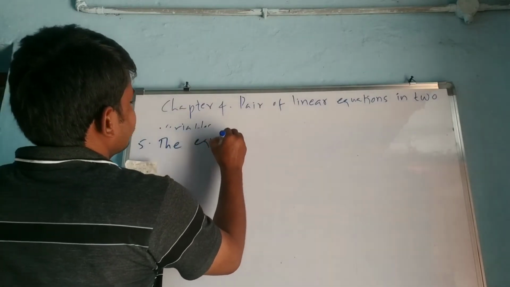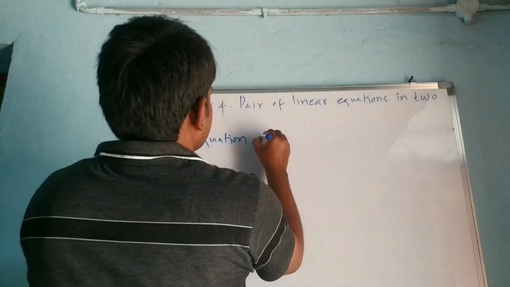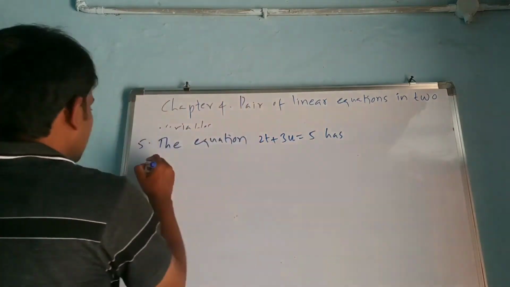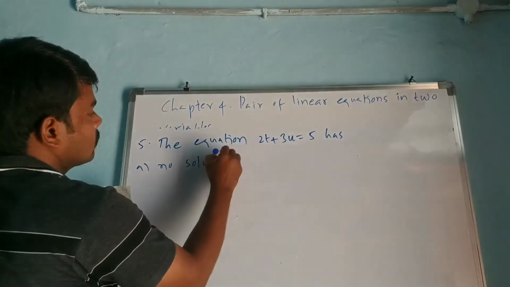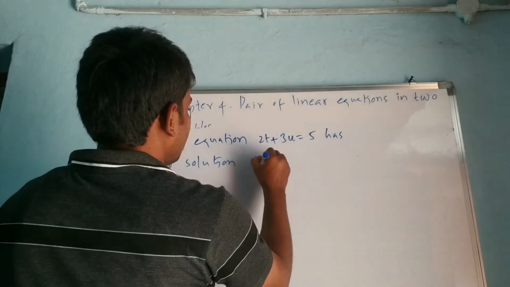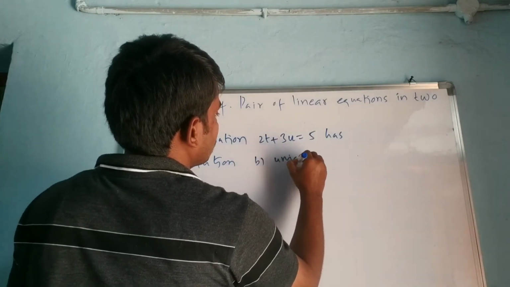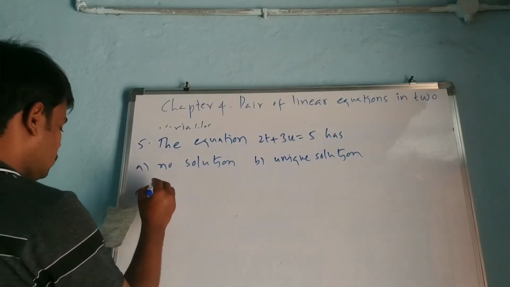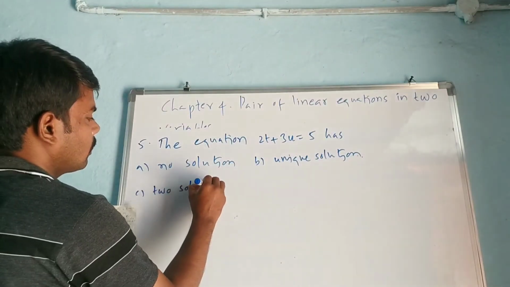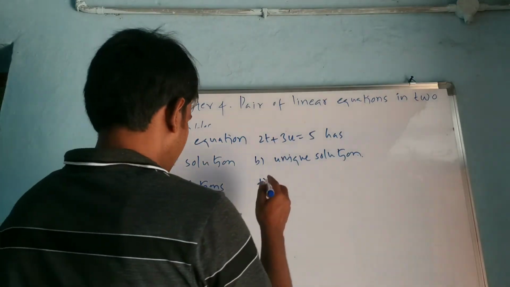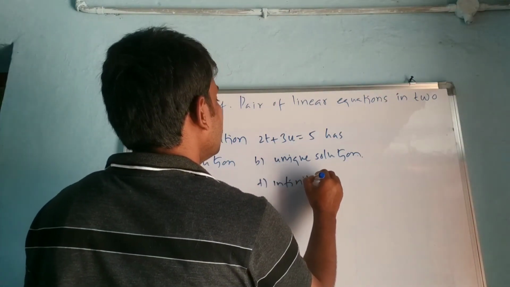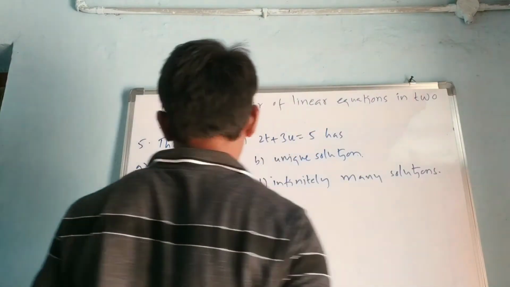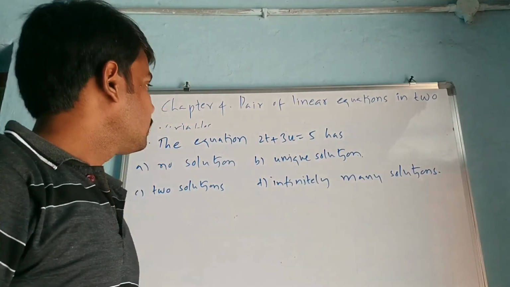Option A, no solution; B, unique solution; C, two solutions; D, infinitely many solutions.